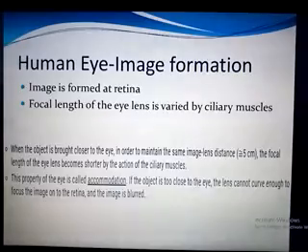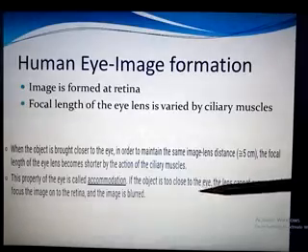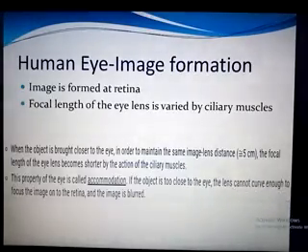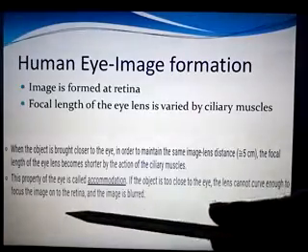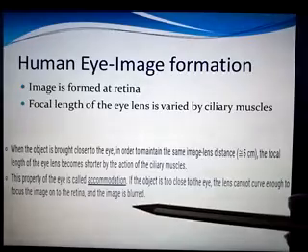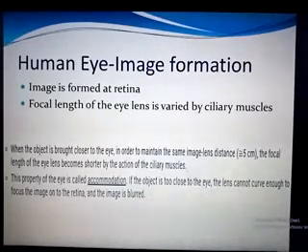The lens cannot curve enough if the object is too close, below 5 centimeters. The lens cannot curve enough to focus the image on the retina, and the image is blurred.